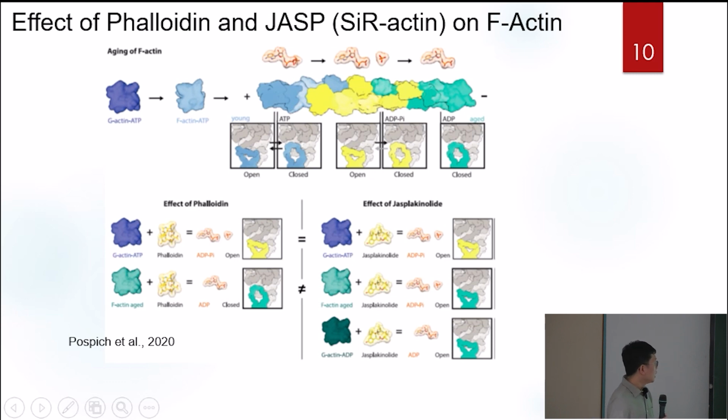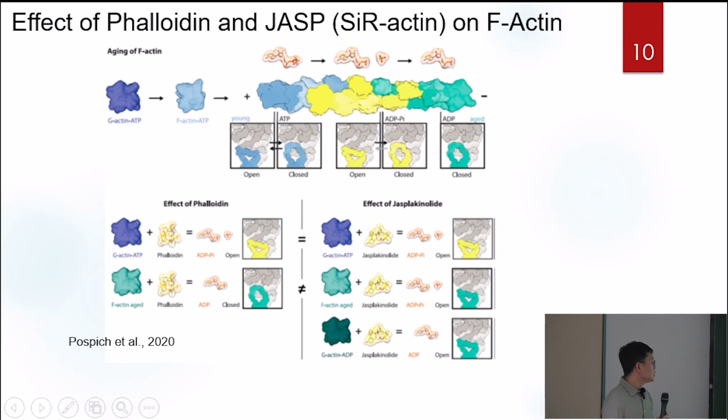The closed form of actin will dissociate from the F filament. And then phalloidin and SiR-actin, after they bind to ATP-bound actin, help the ATP hydrolyze to ADP and the phosphate group, but they cannot change the structure from open to closed. They maintain the open structure. So the actin cannot dissociate from the filament because it's kept in the open structure. That's the basic idea why phalloidin and SiR-actin can stabilize actin dynamics.